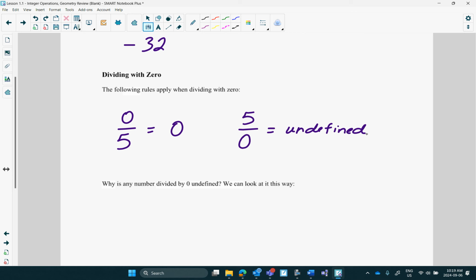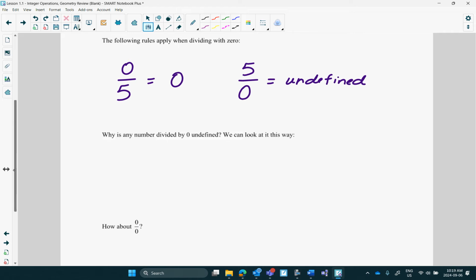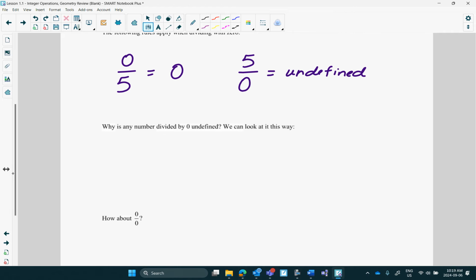So think of it this way. This one here, I'm trying to figure out 0 divided by 5. If 0 divided by 5 is some answer I'm looking for, doesn't that mean that the answer times 5 must be 0?